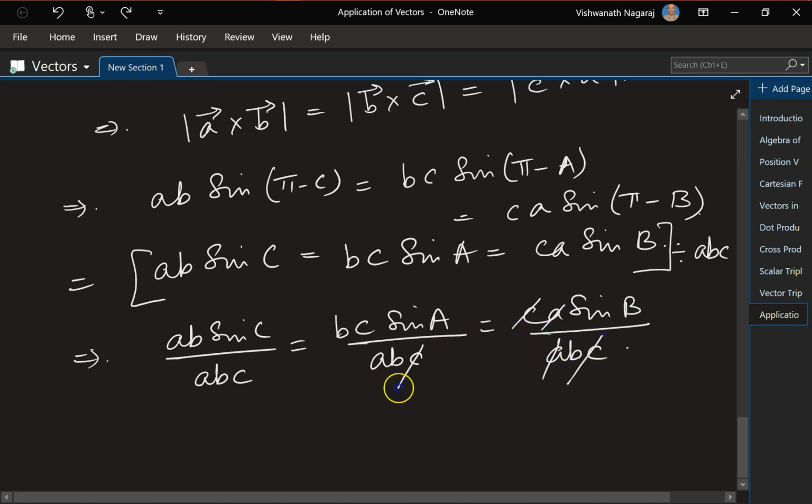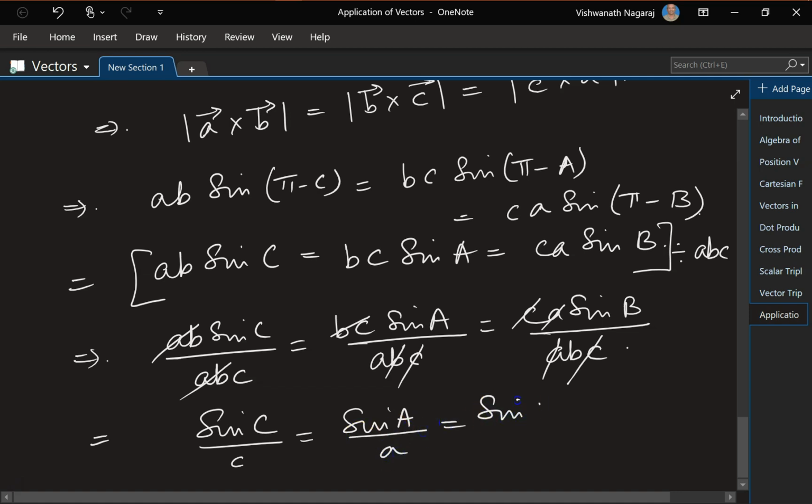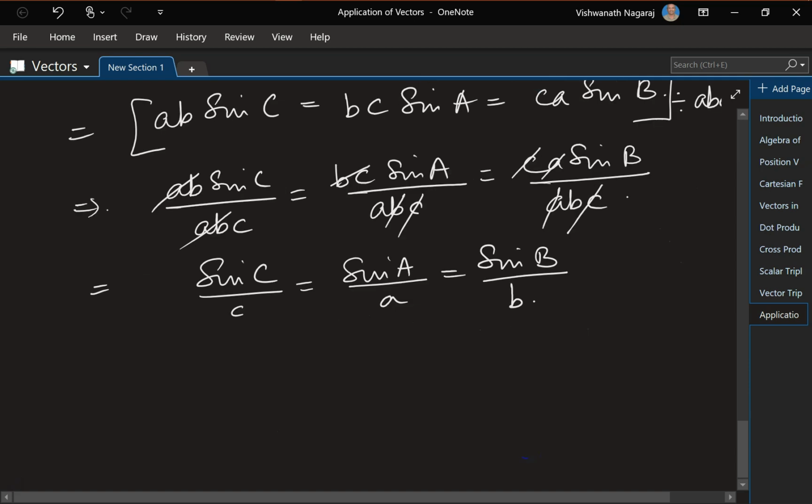Cancelling, we are left with sin C by c is equal to sin A by a equal to sin B by b. So that is just a few examples of application of vectors.